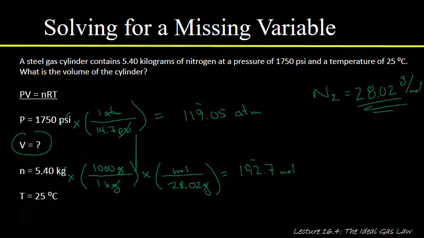We call that 193. And temperature, we need to put this into kelvins, so we will add 273, and that gives us 298 Kelvin. All right, so those are the values that we want to use in our calculation. All right, let's look at how to do the calculation next.